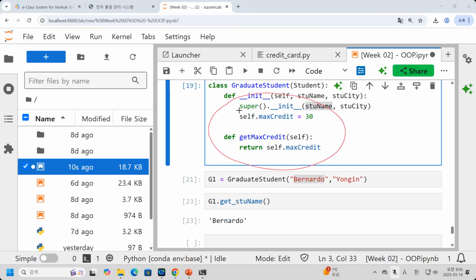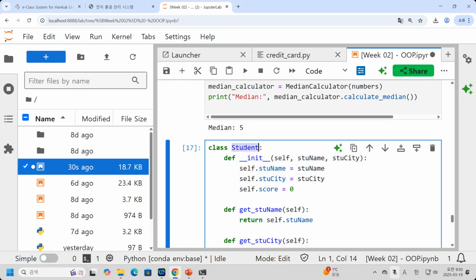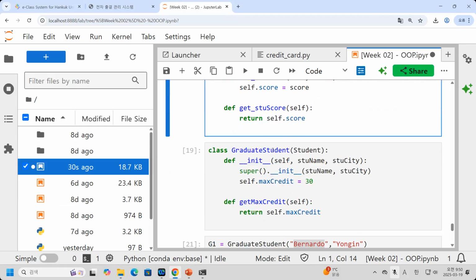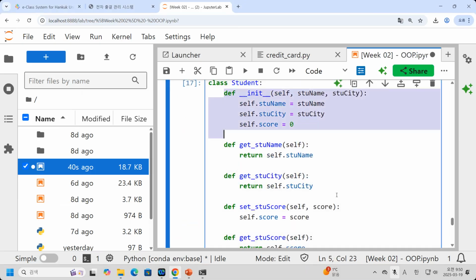But because we use super. What is super? We want to access the super class. The super class is student. How do we know that student is the super class? We define it. So the student name, the student city and everything is in this class.